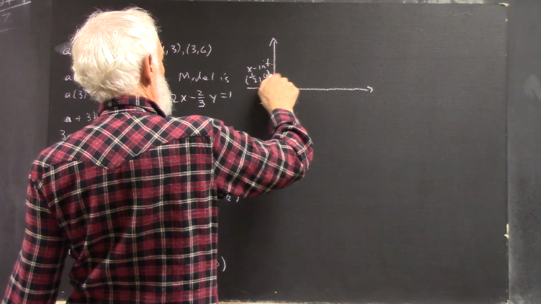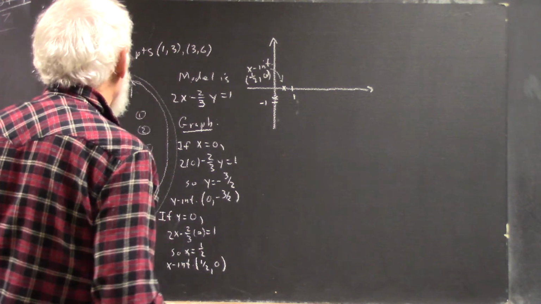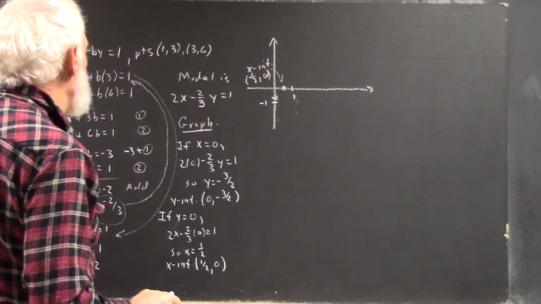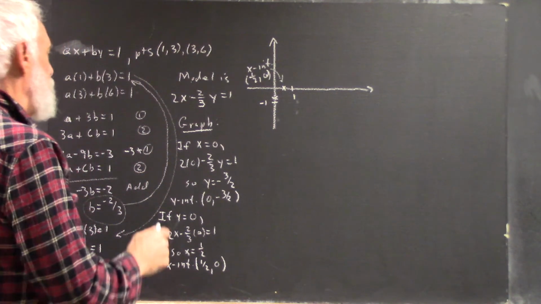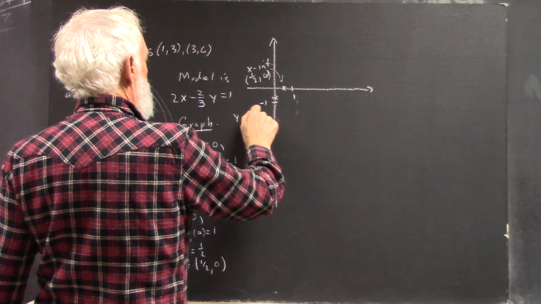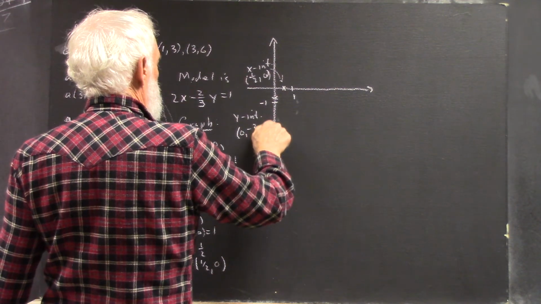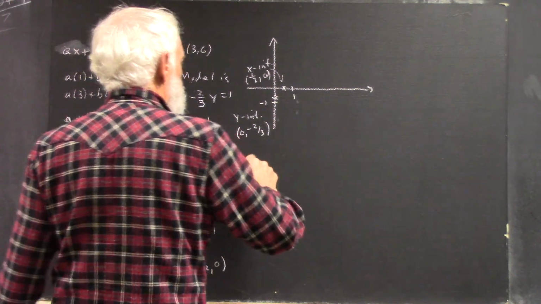The x-intercept is (1/2, 0), and the y-intercept is (0, -2/3).